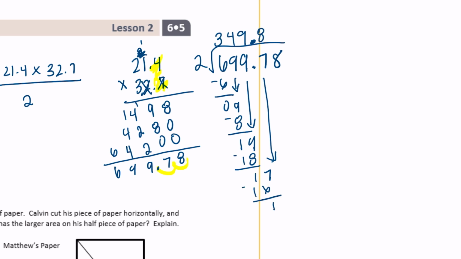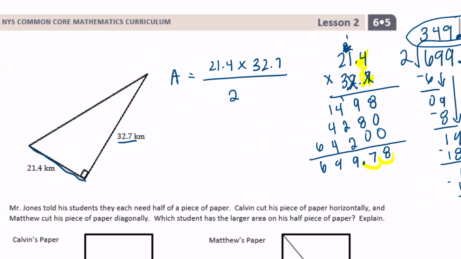Minus 16. We have 1. And 2 goes into 18 9 times. So there's no remainder, nothing to bring down. We get 349 and 89 hundredths. 349 and 89 hundredths kilometers squared.